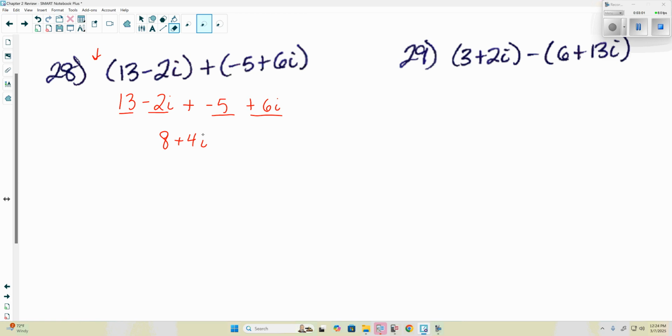Now the graphing calculator would also let us do this, because we could have just typed this into the graphing calculator and it would have given us our answer.